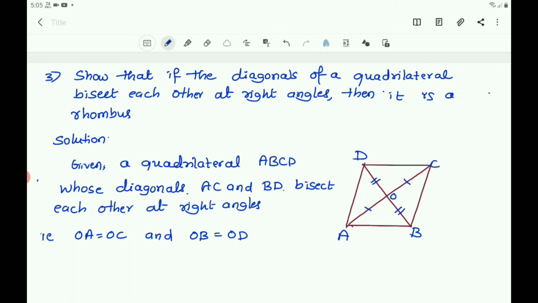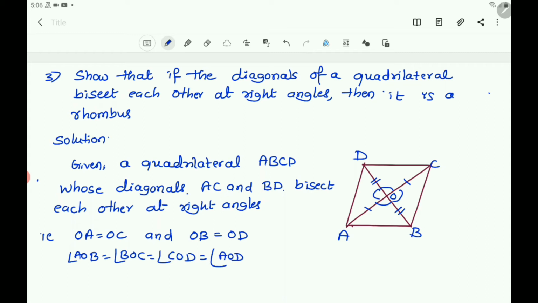It is given that they bisect at right angles, which means at the point of intersection O, the angles are right angles. There are 4 angles at O: angle AOB, angle BOC, angle COD and angle AOD.